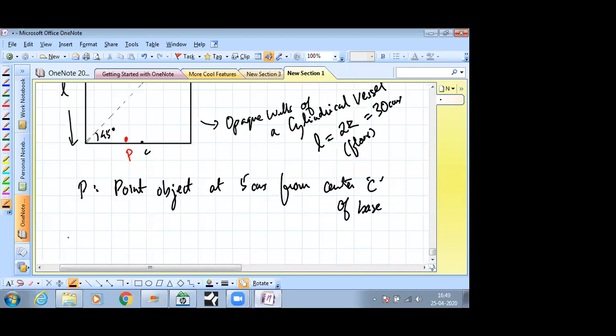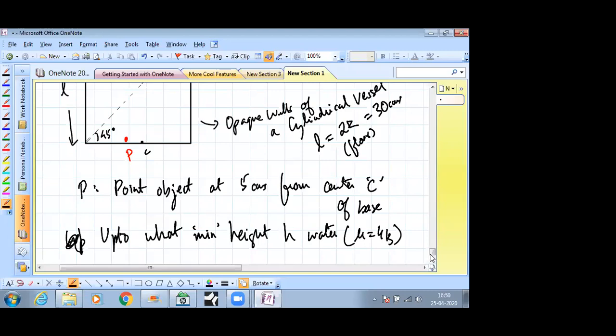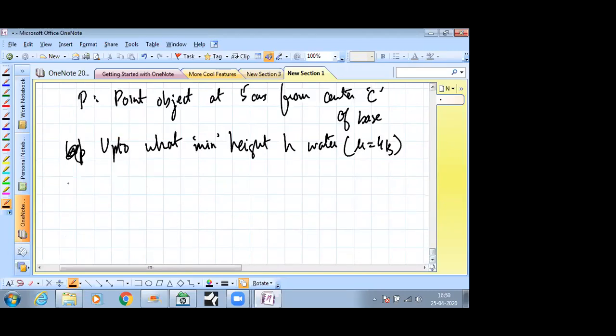So we have to find up to what minimum height H water, which has a refractive index of 4/3, must be filled so that that point object P is visible to the observer.